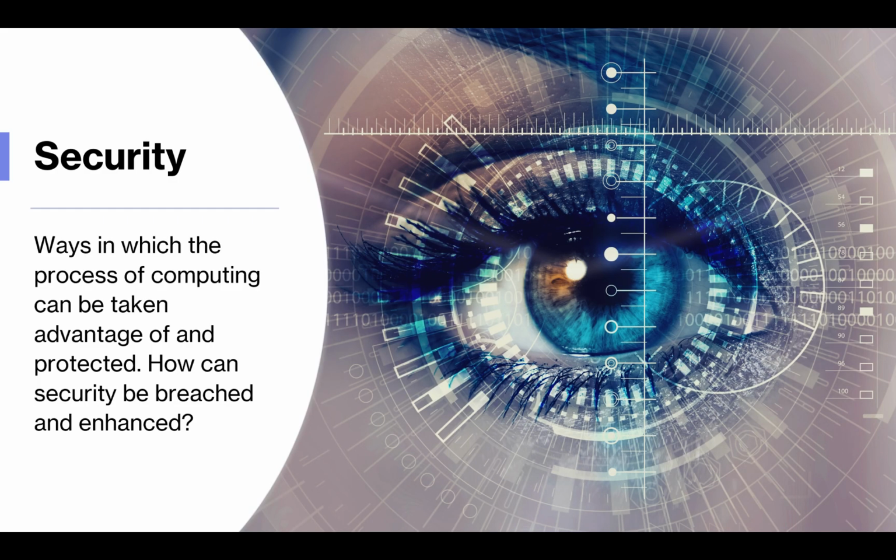Moving on to security. Security is the ways in which the process of computing can be taken advantage of and protected. In other words, how can security be both breached and enhanced? So security is just the question of how is my technology being protected, or if we were looking at it from a negative connotation, how can people take advantage of my technology if I'm not being careful to secure it properly.